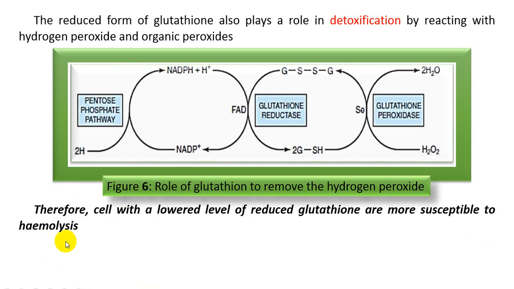Any deficiency in the reduced glutathione means there is a lot of toxic peroxide, and this will make a problem. This will hydrolyze the RBC because there isn't enough amount of the reduced form of glutathione.